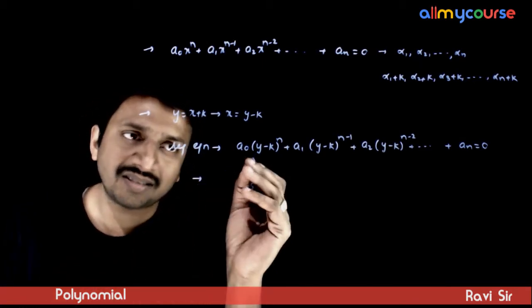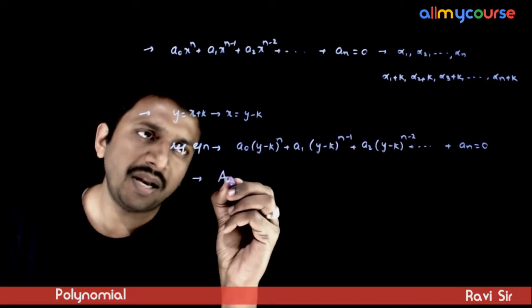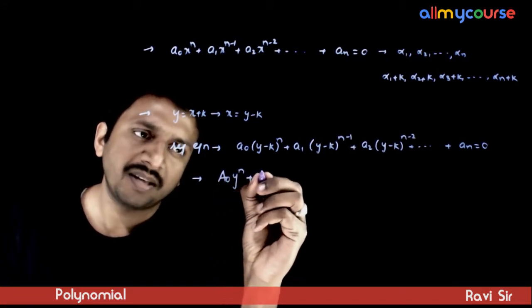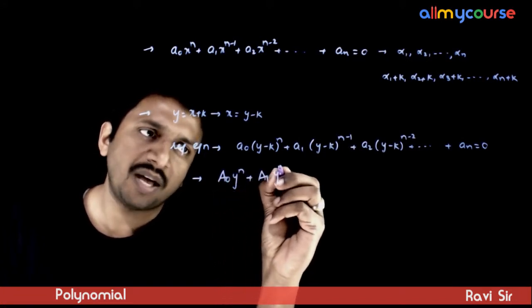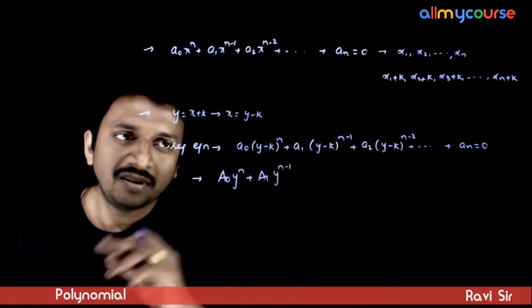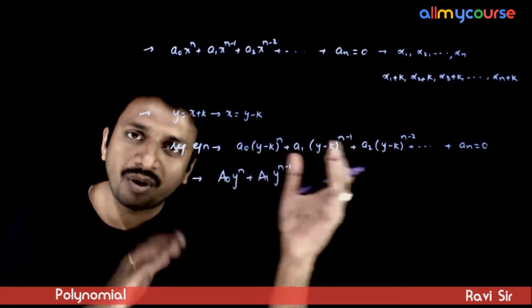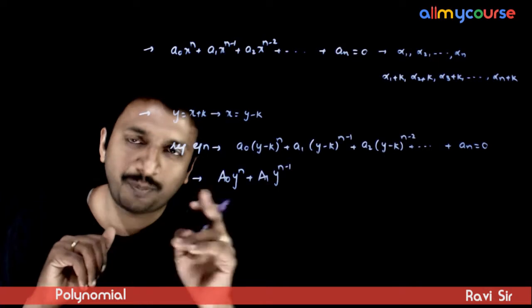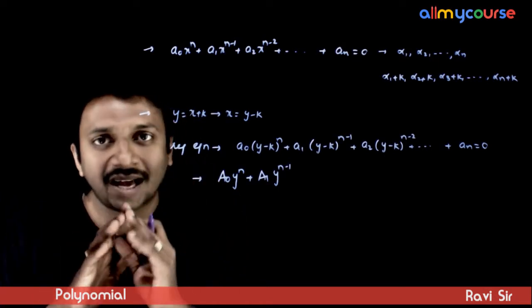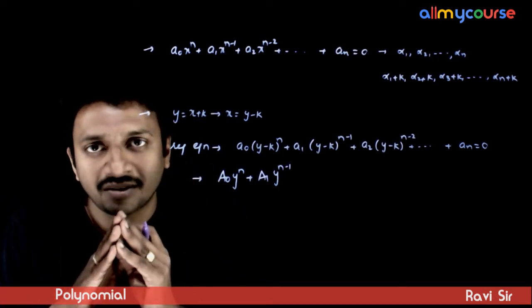So let us say that this is equal to some capital A0 y^n + capital A1 y^(n-1). Let us say that we have collected all the coefficients corresponding to y^n and the corresponding coefficient is A0.